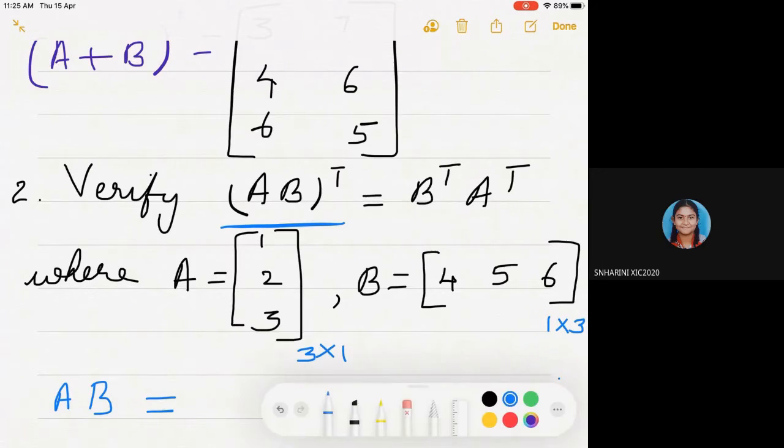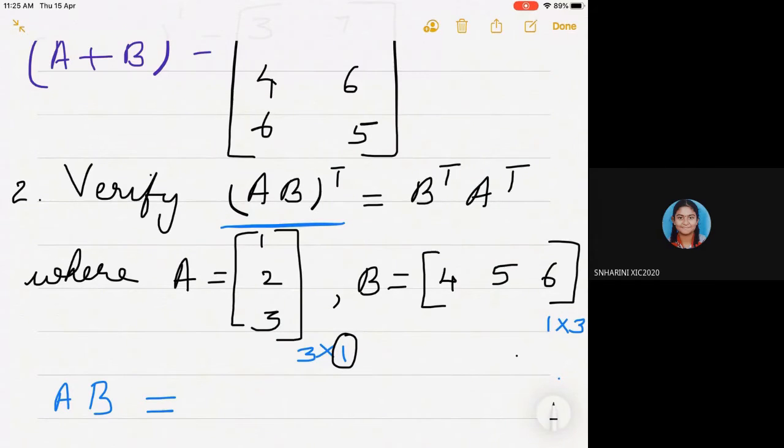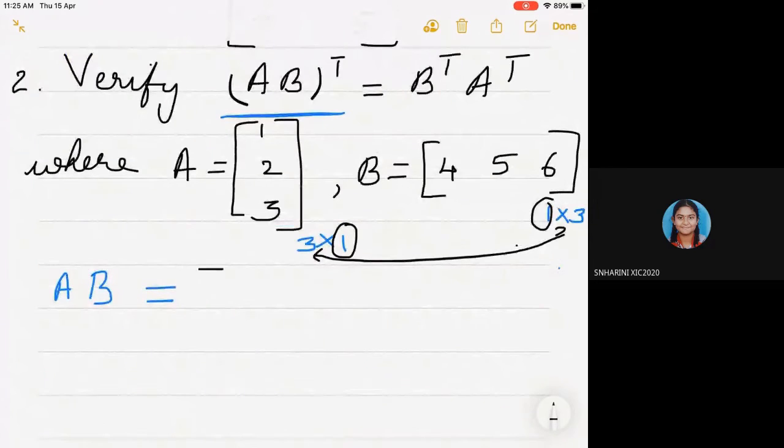And for the product matrix, this 1 will be absorbed and you will get a product matrix of order 3 by 3. And you always remember, from the first matrix you consider the rows, and from the second matrix you always consider the columns.